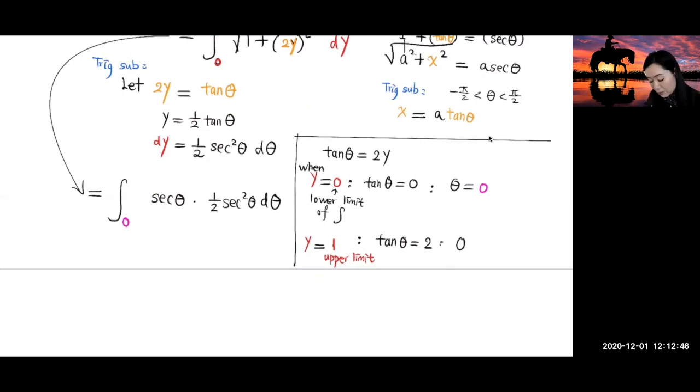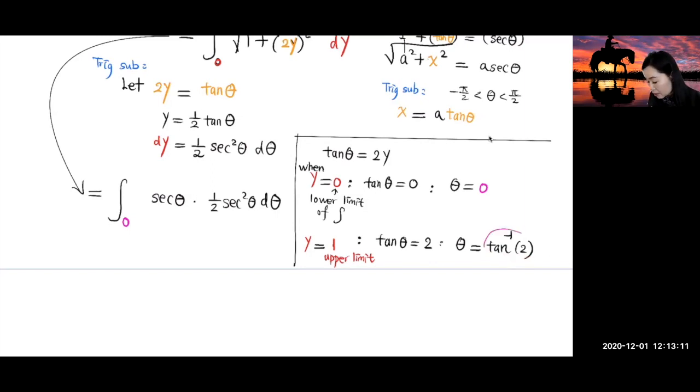So theta will be equal to the inverse tangent of 2. Because inverse tangent 2 looks like too much to write, let's just call this alpha.